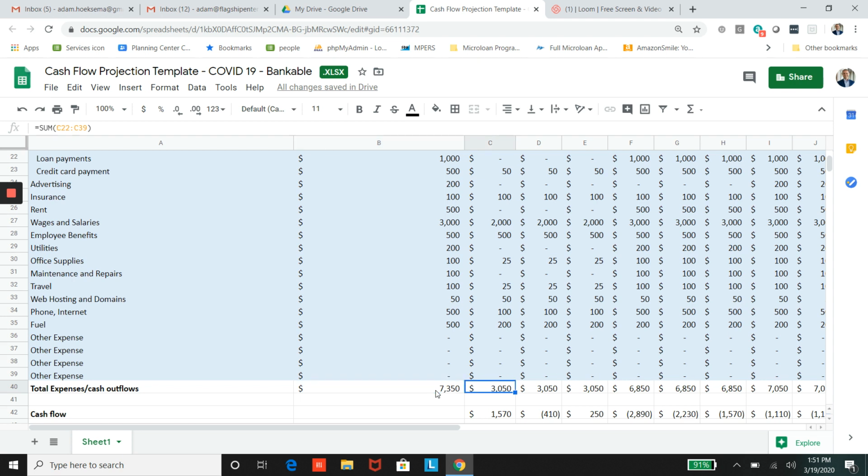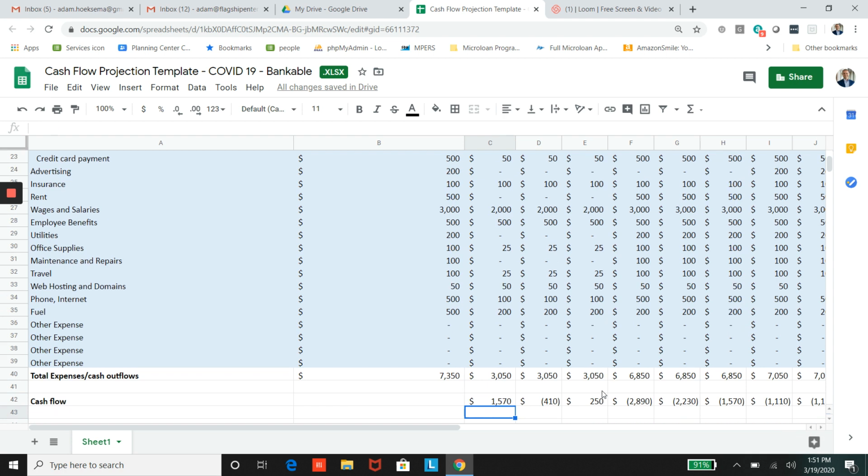And now we've got that down significantly here for a short period of time. And that's what we're looking for. We're looking for clients to try to reduce expenses as much as possible, and then also come in with hopefully some bridge financing that will help you make it through this.